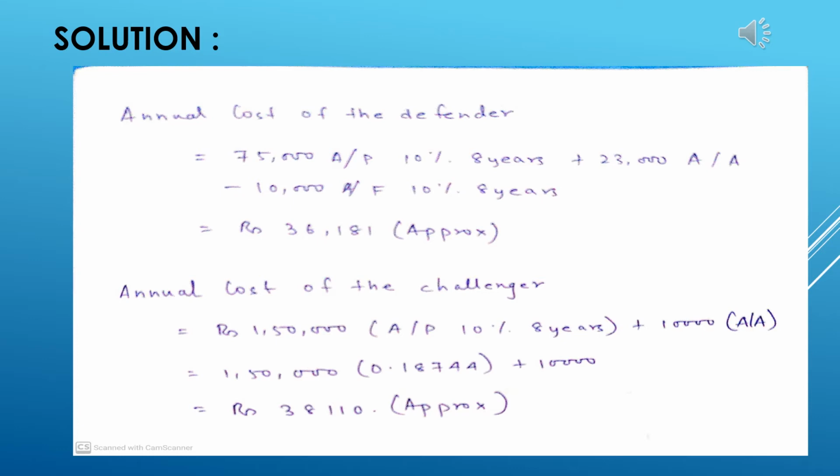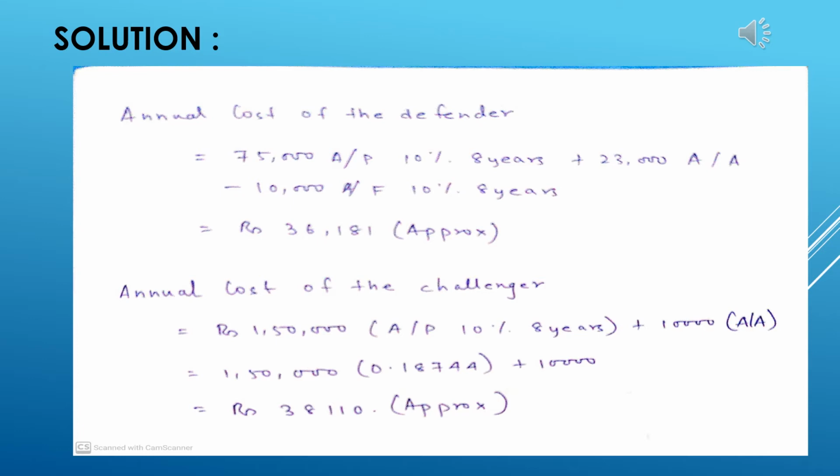In the first example, I did the second method, where I took the initial minus salvage value to be the present worth value and transferred it into annual worth. Let's do the other method as well.